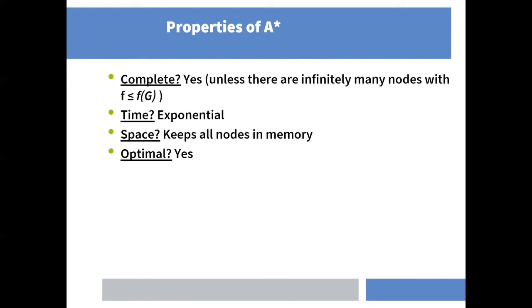So it is kind of expensive also. It is optimal. Yes, we found the shortest path from Arad to Bucharest, provided that the heuristic is admissible. And if it's a graph search, it is consistent.